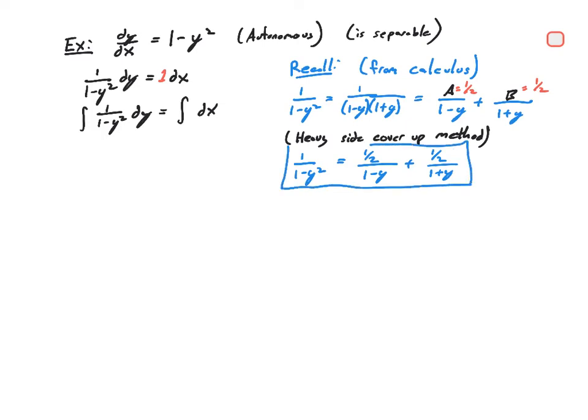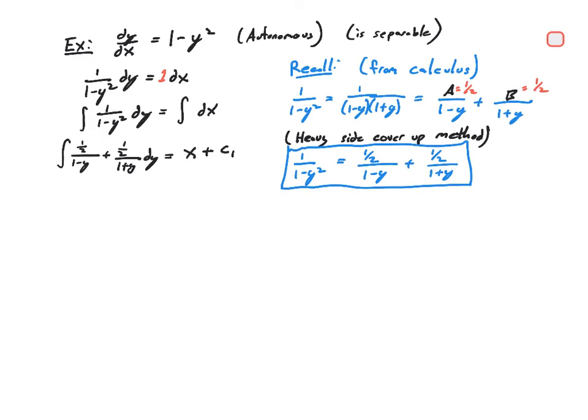So now I'm going to substitute this back into the integral. And so now I have the integral of 1/2 divided by 1 minus y plus 1/2 divided by 1 plus y dy is equal to, now the right hand side is really easy. I can just simply write that as x plus a constant.